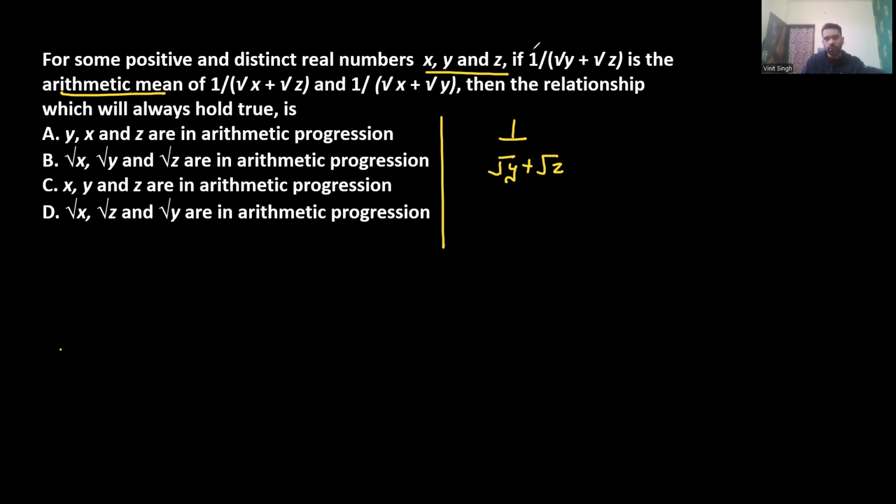Now 1 upon root y plus root z is the arithmetic mean of these two numbers. Then the relation which will always hold true is, twice of this, which is equal to 1 upon root x plus root z plus 1 upon root x plus root y.